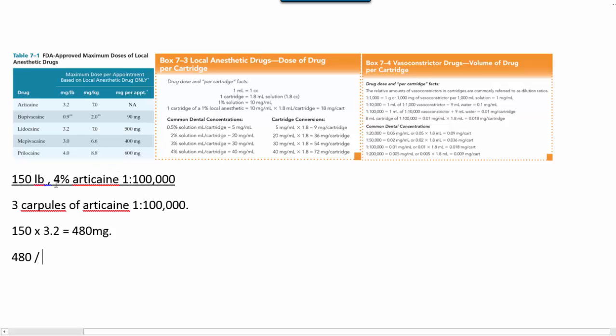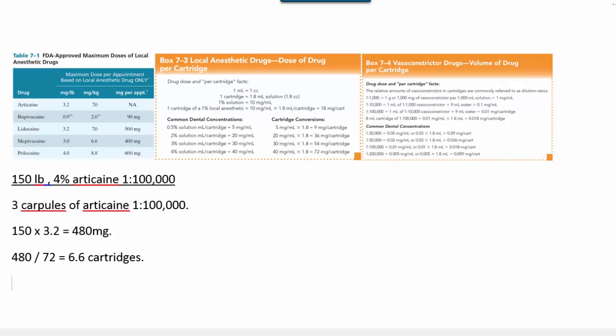Articaine is 4%. Each cartridge has 72 milligrams of drug in it. So 480 divided by 72 milligrams in each cartridge is going to come out to 6.6 cartridges. So this patient can have 6.6 cartridges based on the anesthetic drug.